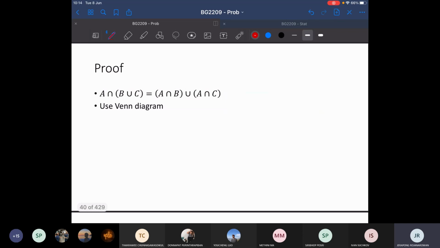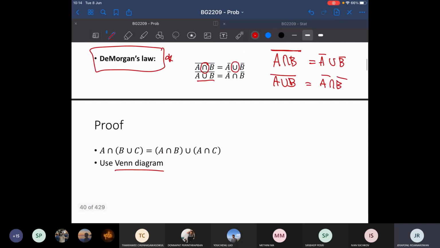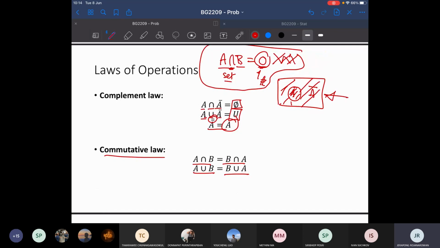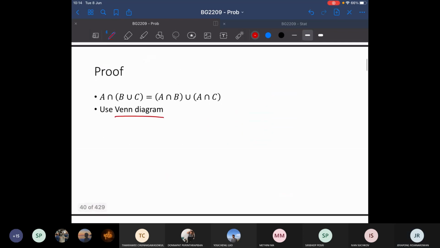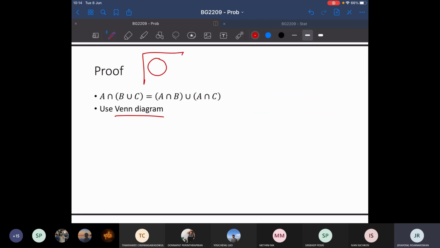I'm going to prove this one using the Venn diagram. The one that we draw all the time like this is called the Venn diagram. Normally, if you have A, you draw it like this, only one set. If you have two sets, it's A and B like this.